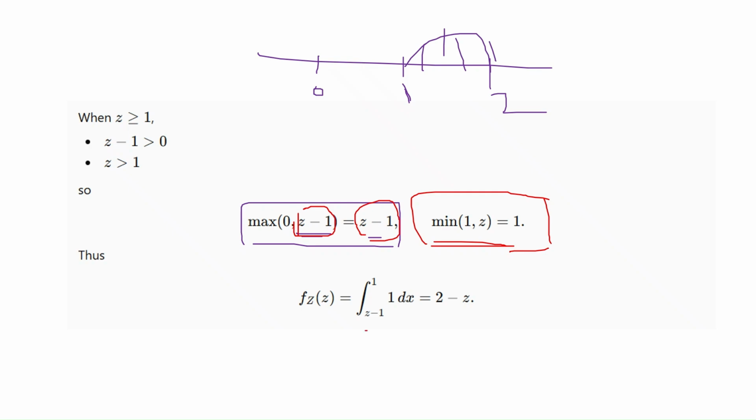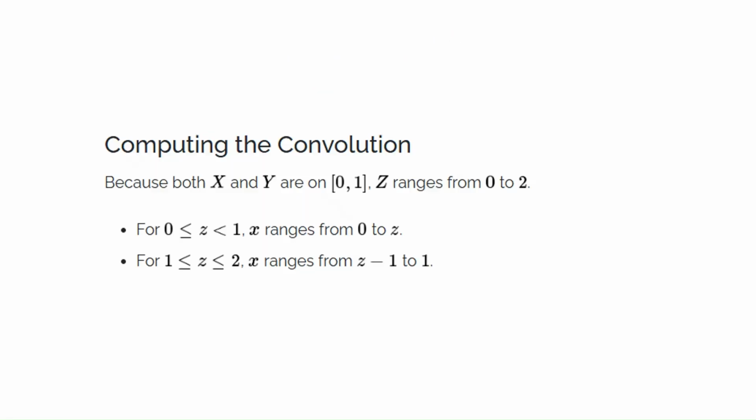So the integral limits would evaluate to z minus 1 to 1, and integrating this we get 2 minus z. So what do we have so far? For z between 0 to 1, we had the range of x from 0 to z, and for z between 1 and 2, we had the x range from z minus 1 to 1.